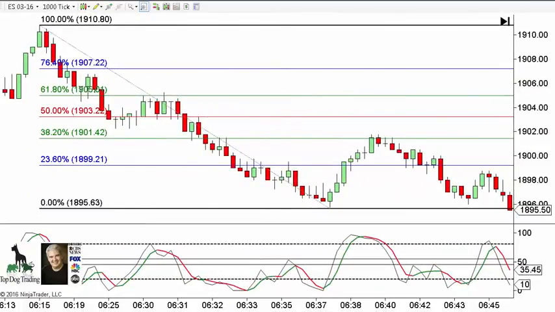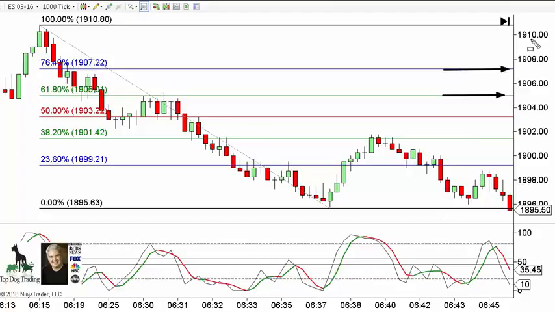So now I've added the cycle indicator to the bottom of the chart, and this makes all the difference in the world. As I said, Fibonacci levels, as well as some other levels like pivots and so forth, give us price levels where we would look for potential highs and lows on the market. The other thing, though, is that a chart is a two-dimensional object.